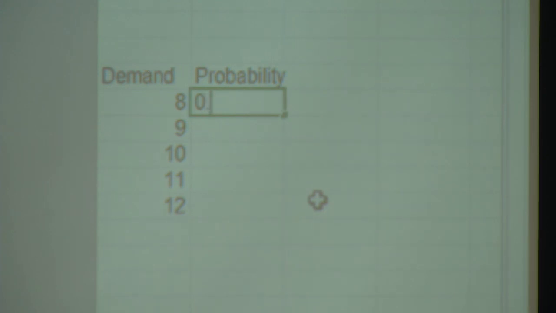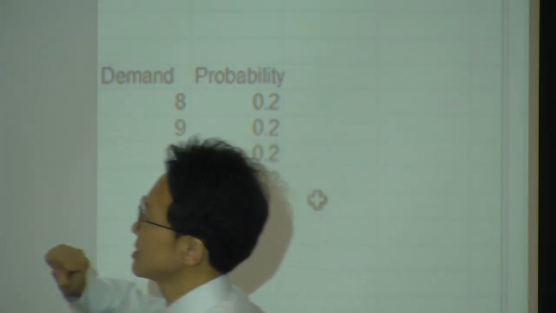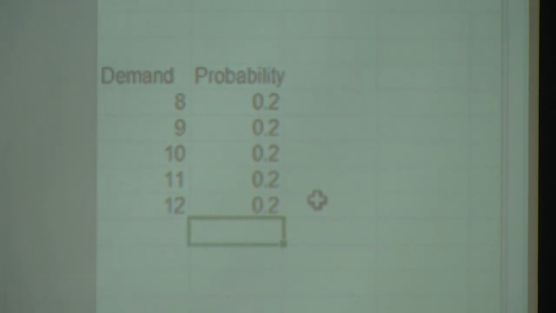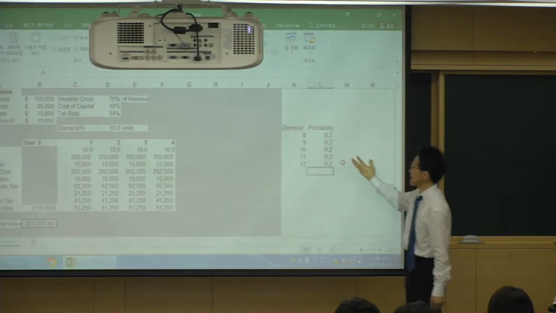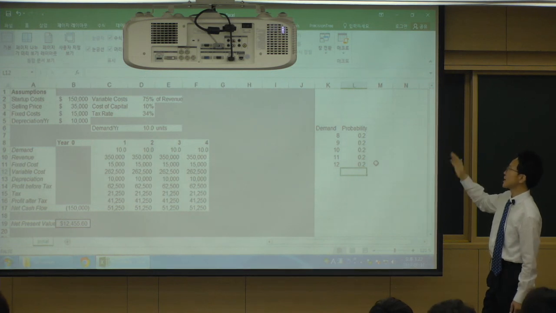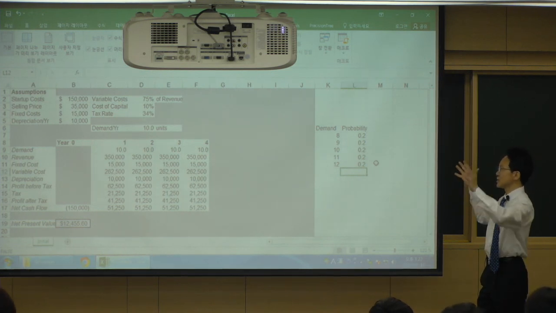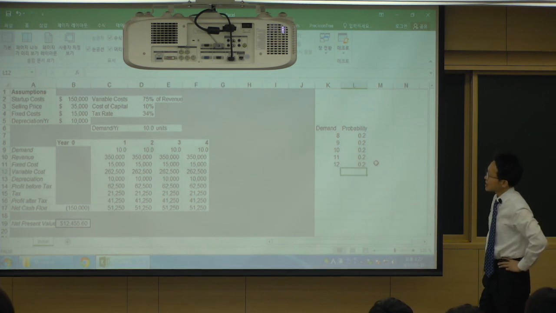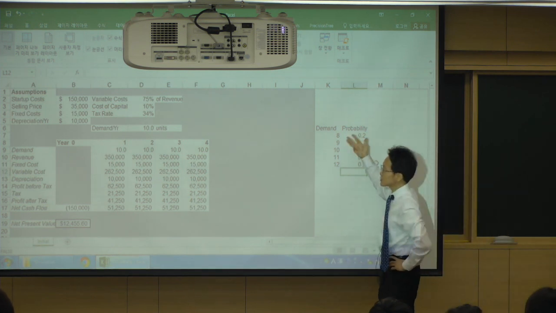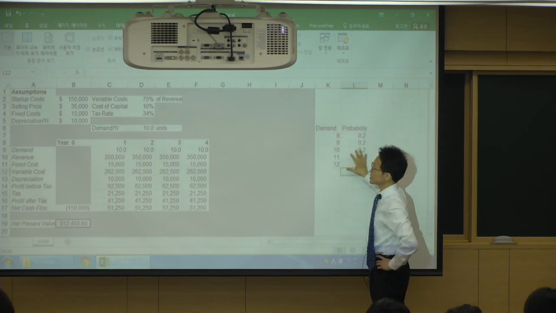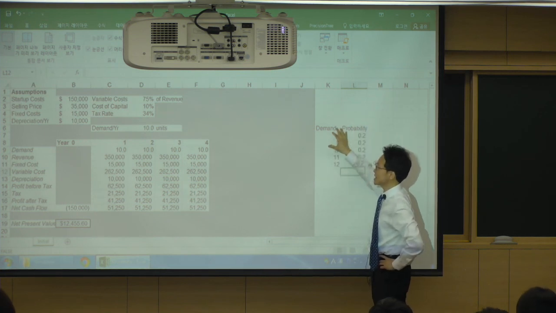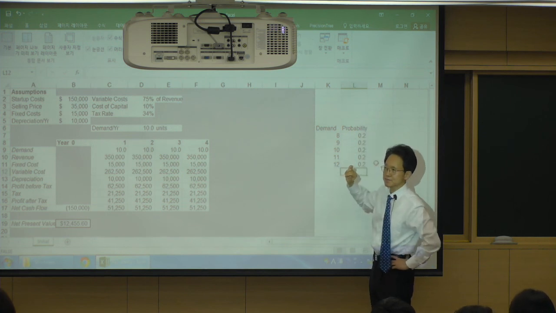So let's say, for the sake of simplicity, the probability distribution looks like this. In other words, it's not just 10 units I can sell every year. I can sell either 8, 9, 10, 11, 12, and the probability is equally likely. In other words, based on my historical data, I decided that the demand is uncertain, so I needed to incorporate this demand uncertainty by estimating this probability distribution.